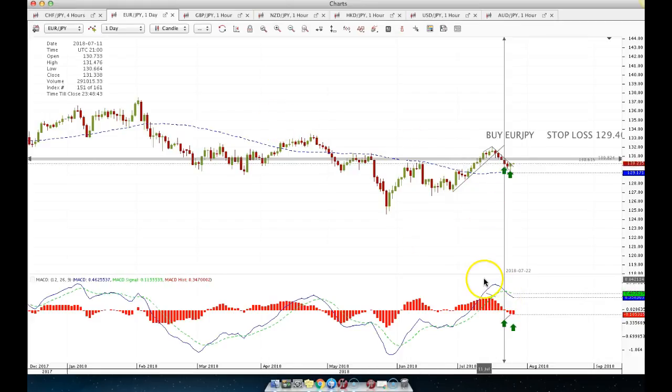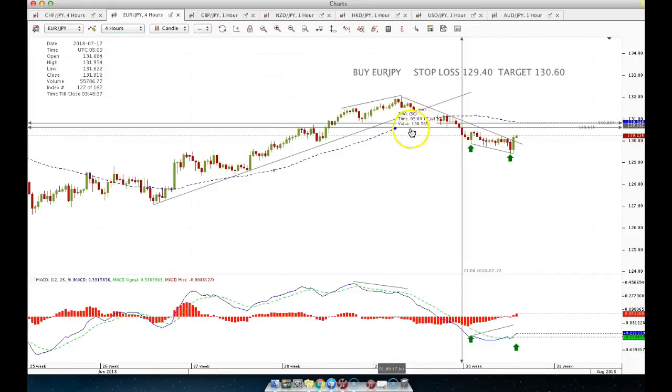The only thing is, with this confirmation here, the market had moved quite a bit before it confirmed, like here. So I most likely would have taken this trade just based on divergence and a trend line break, and not wait till the two lines of MACD cross on a daily chart.